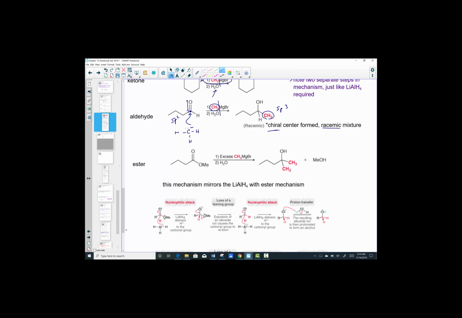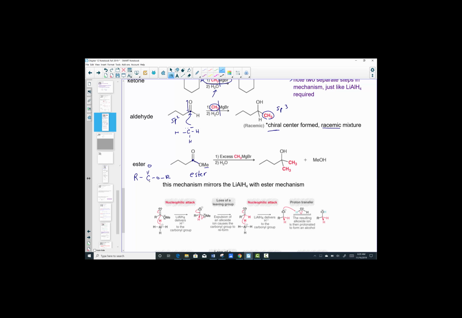There's a parallel with esters as well to the hydride reduction mechanism from before. This is an ester. Remember the functional group, a carbonyl carbon leading out to another oxygen with an R group. So just remember that general structure of an ester.